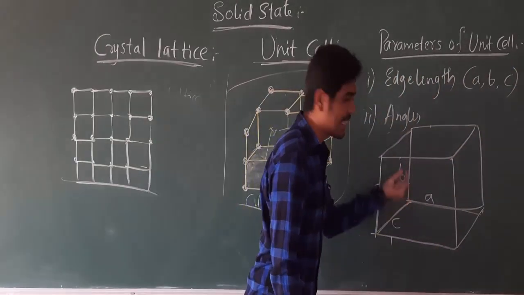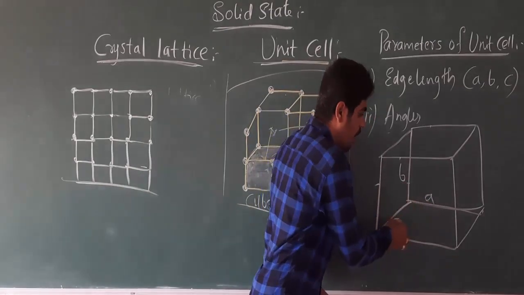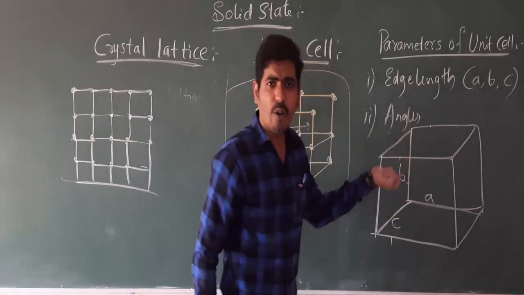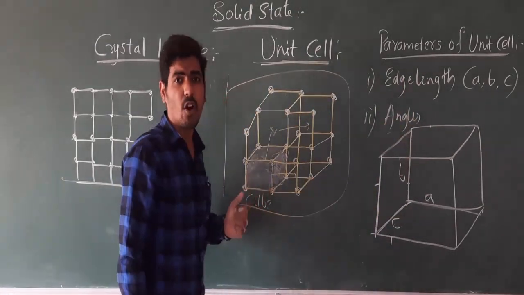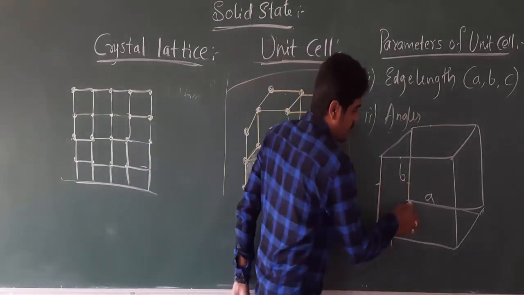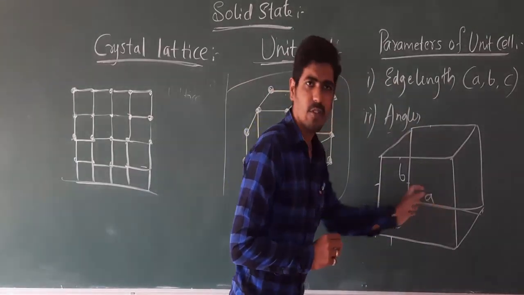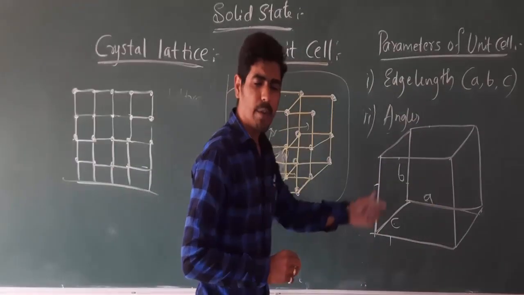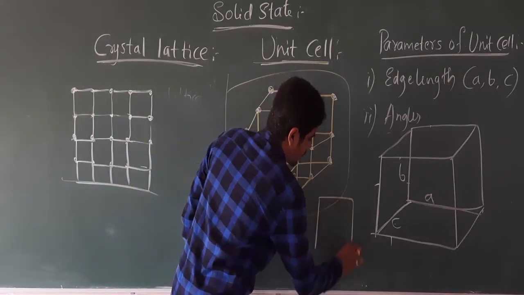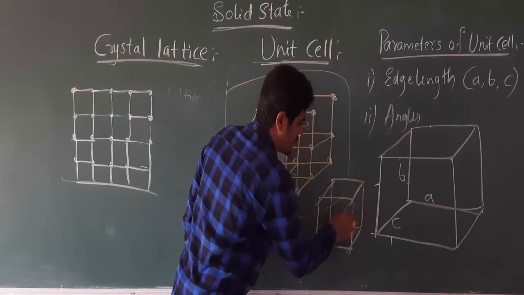Now if I increase the length of A or B or C, will the structure of the unit cell change or not? Simply see here, if I increase the length of A, that is the edge length known as A, what happens to the unit cell? It will appear something like this. So this is the structure.